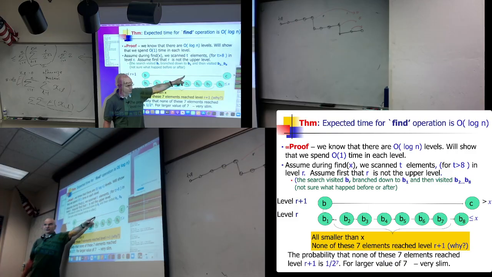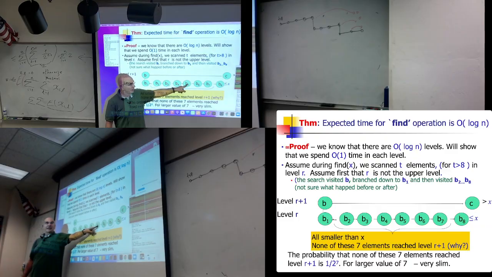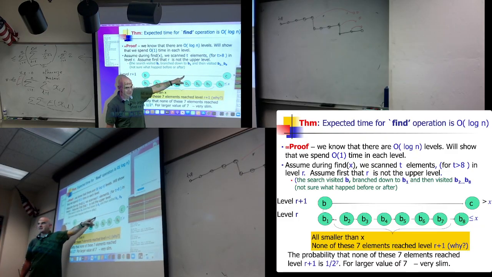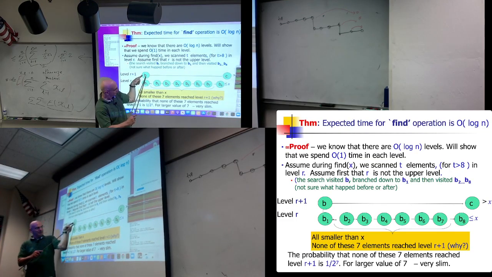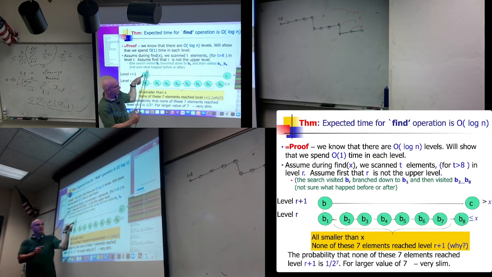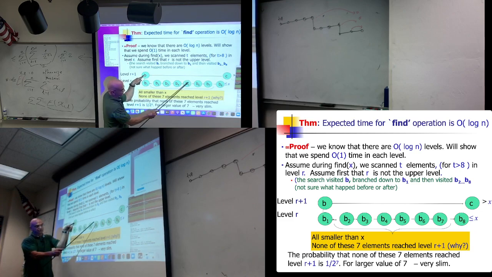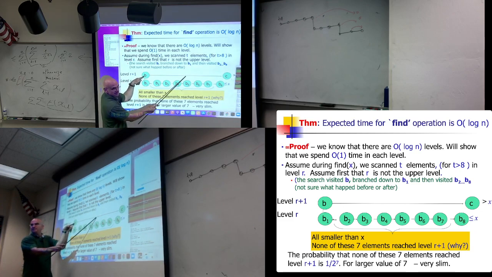Could b5 also be in level r+1? In general, yes, but not if this is my search, because I know that b5 is smaller than x. Had it also participated in level r+1, then my search wouldn't go from b down to b1. It would have jumped to b5 because it's smaller than x.